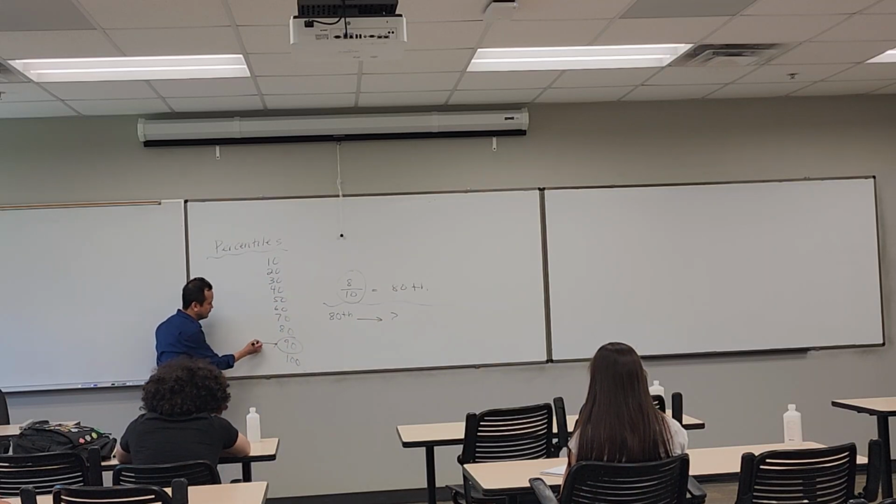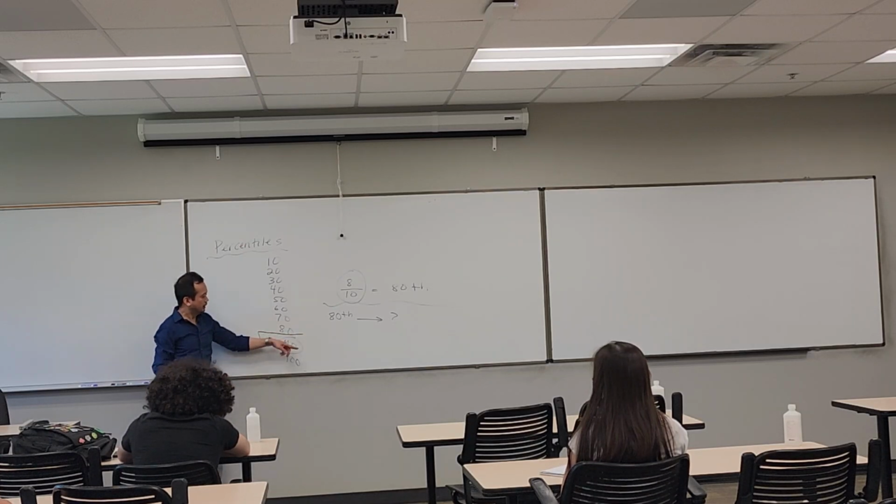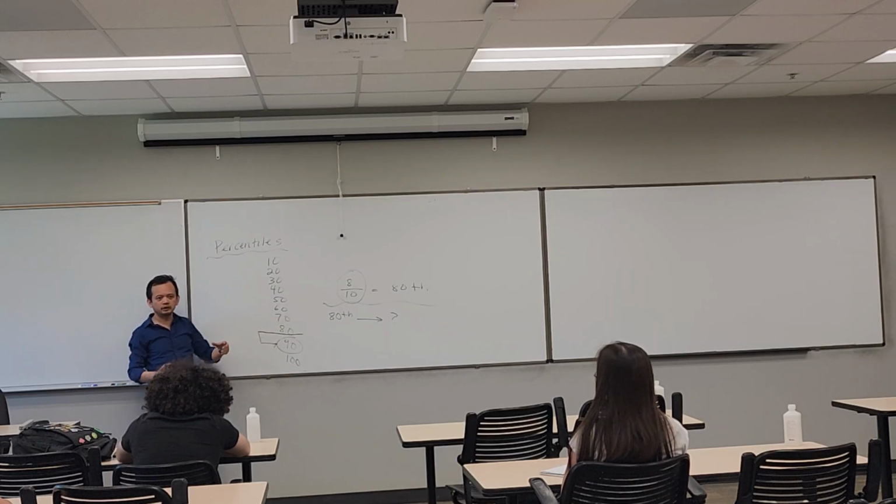So we can actually pick any number here, as long as it's greater than 80% of all the values. So if we infer the value, what are all the possible values that are greater than 80% of all the current values? 90 and 100.